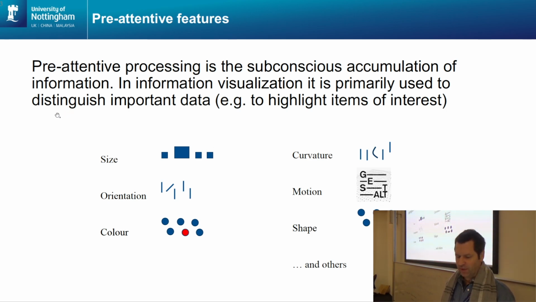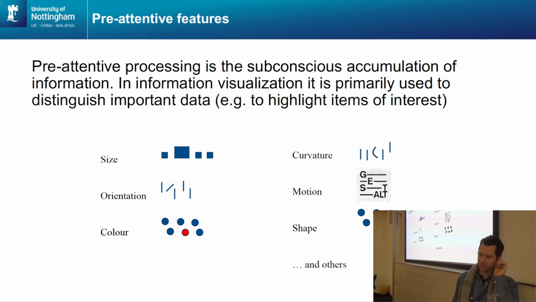So we have this feature of our visual system called pre-attentive processing. When we see something, our visual system can make some judgments very quickly, in less than half of a second, before we've even had the time to think about it consciously.